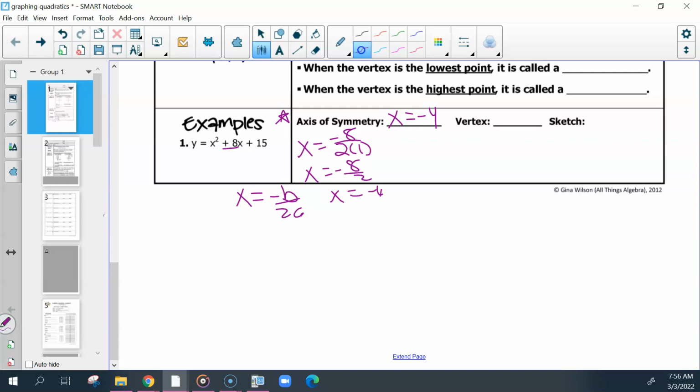To find our vertex, we're going to use that number we just got, the negative 4. And we're going to put this into our x's to find y. So every time you see an x, put in negative 4. And you can put that in your calculator or do it by hand, either or.